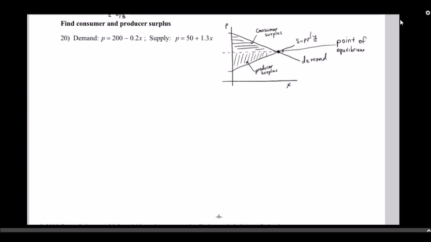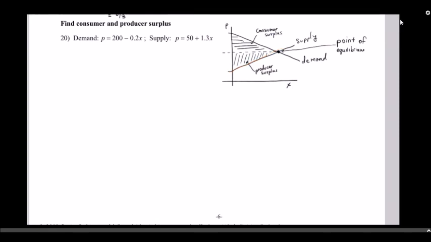Okay, finally number 20. This is an application from section 5.5. We're finding the area between two curves. So we've been given two functions here, a demand and a supply. We've got the demand function here, and we have the supply function graphed here.